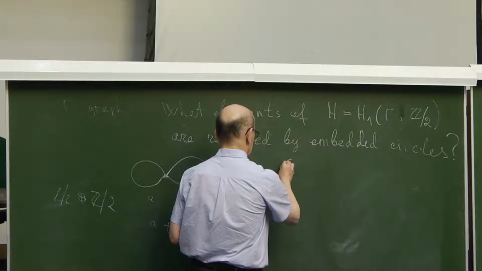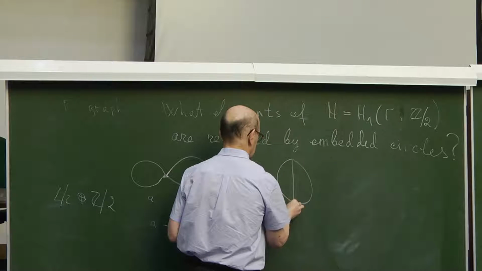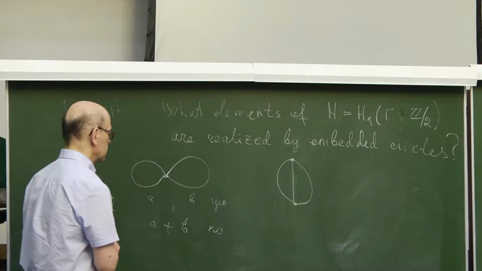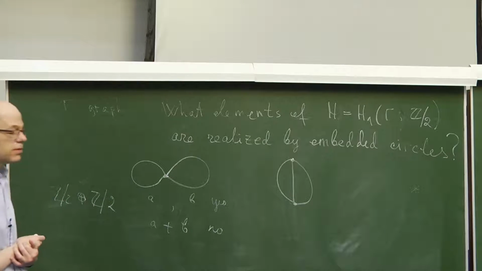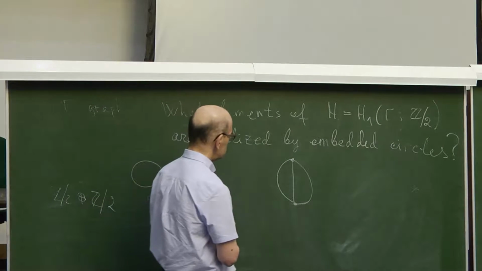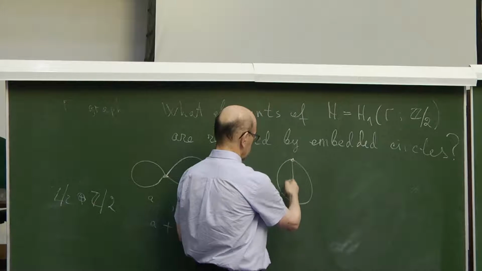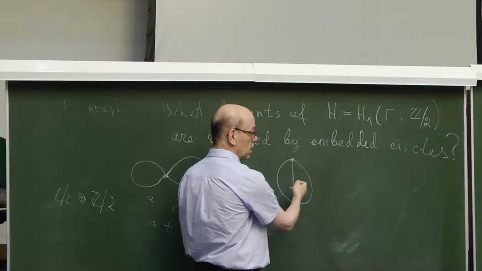Okay, let's consider this example. That's another graph. Now we have two vertices and three edges. Now the homology group is still the same, Z2 plus Z2. Again, there are two natural generators, A, B, and their sum.